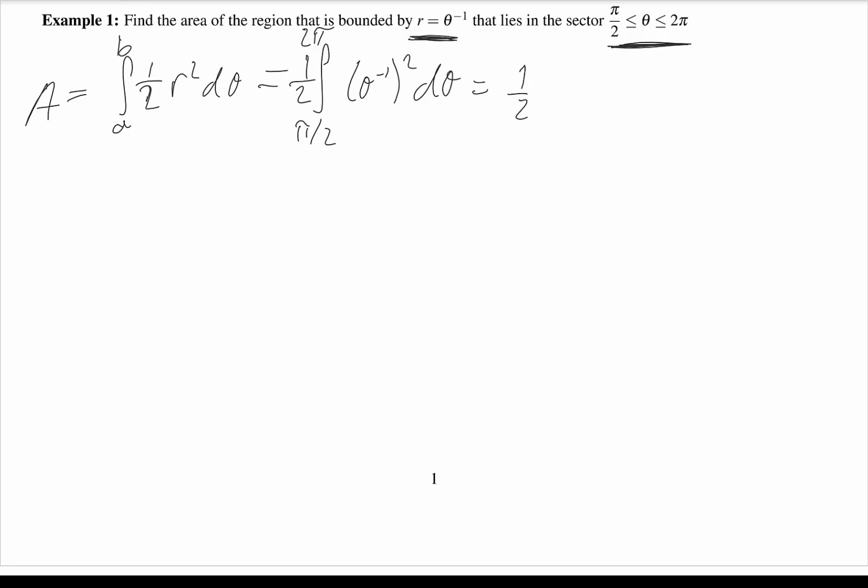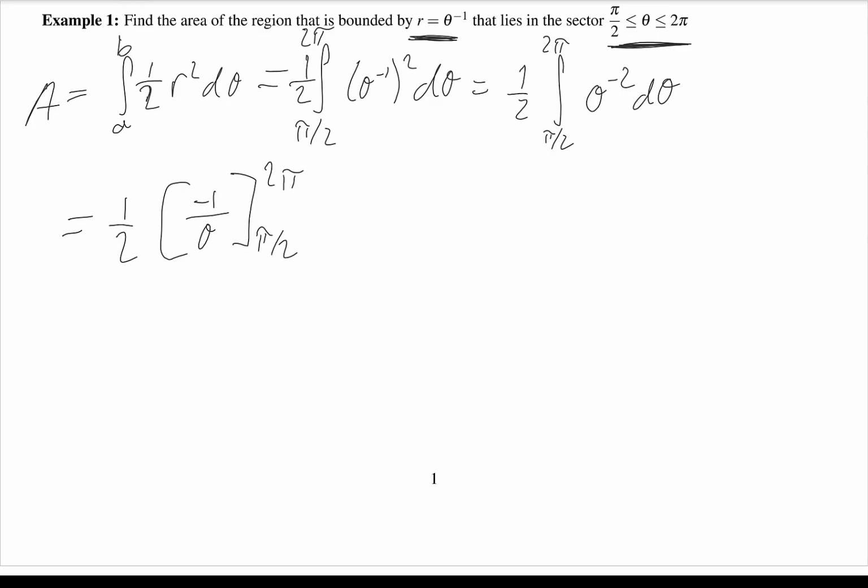So this gives us 1/2 times the integral from pi over 2 to 2 pi of theta to the -2 d theta. Integrating this, we add 1 and then divide by the new exponent, so it's -1 over theta from pi over 2 to 2 pi.